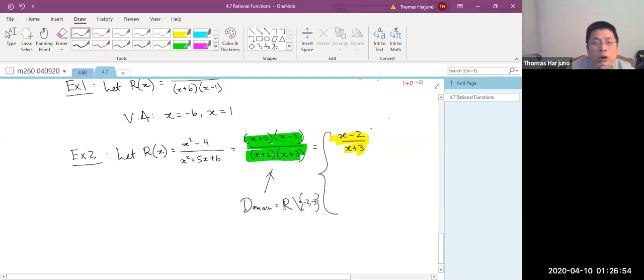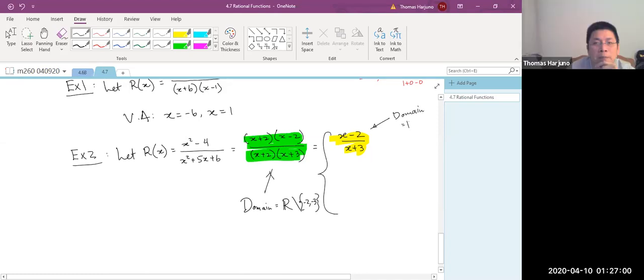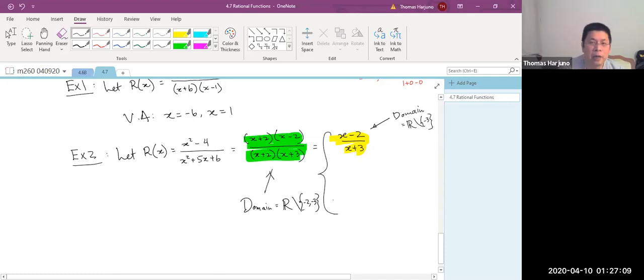How about the domain on the right-hand side? All real numbers except negative 3. So they have a difference in the domain. When you plug in negative 2 on the left-hand side, it will be undefined. But when you plug in negative 2 on the right-hand side, you will get a number.